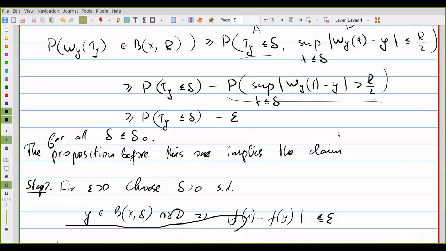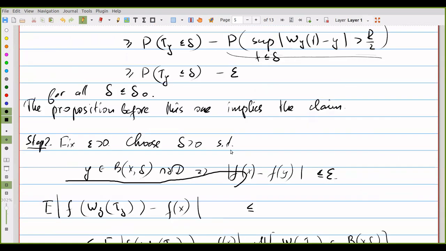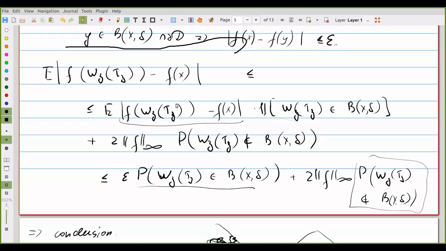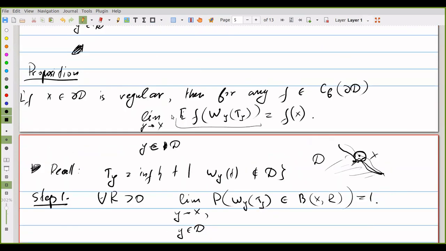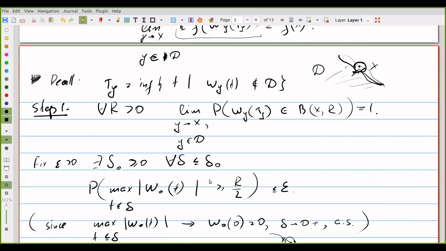Not rare enough to make the behavior of this expression as a function problematic. It's actually a sufficient condition also. So not only if the point is regular, then this holds, but also if this holds, the point is necessarily regular.